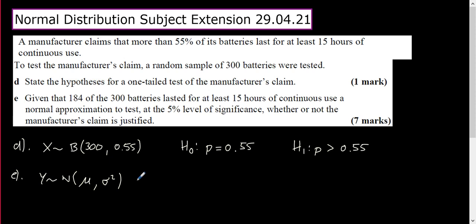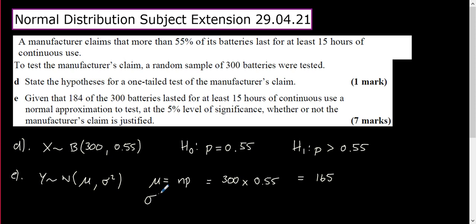So mu is the mean. It's the expected value from the distribution, and it's given by n multiplied by p, which is 300 multiplied by 0.55, which is equal to 165. So that's the mean for my approximation.